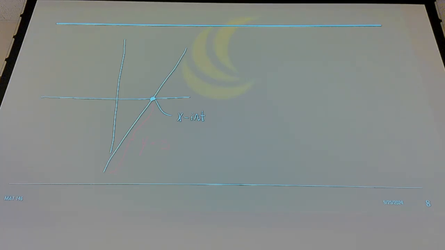So they're negative. What about to the right? So what happens at the x-intercept? What's happening to the values?